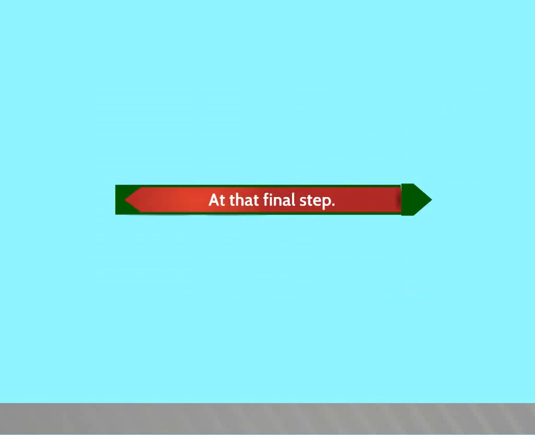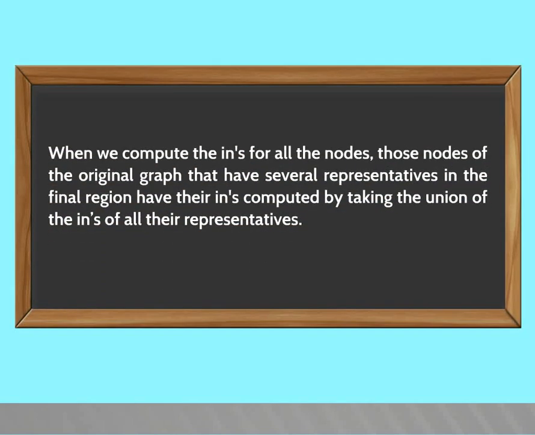At that final step, when we compute the ins for all the nodes, those nodes of the original graph that have several representatives in the final region have their ins computed by taking the union of the ins of all their representatives.